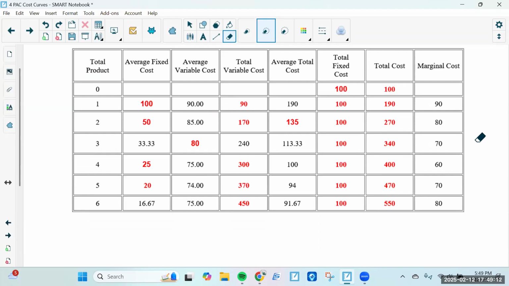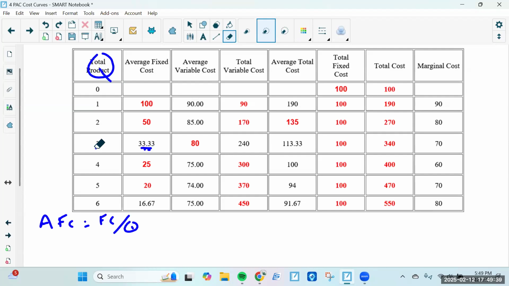Okay. So average fixed cost, the easiest way to get average fixed cost is to take fixed cost divided by quantity. So in this case, here's your quantity, right? To get this one, well, I knew right here that my average fixed cost was 33.33 when I produced 3 units.